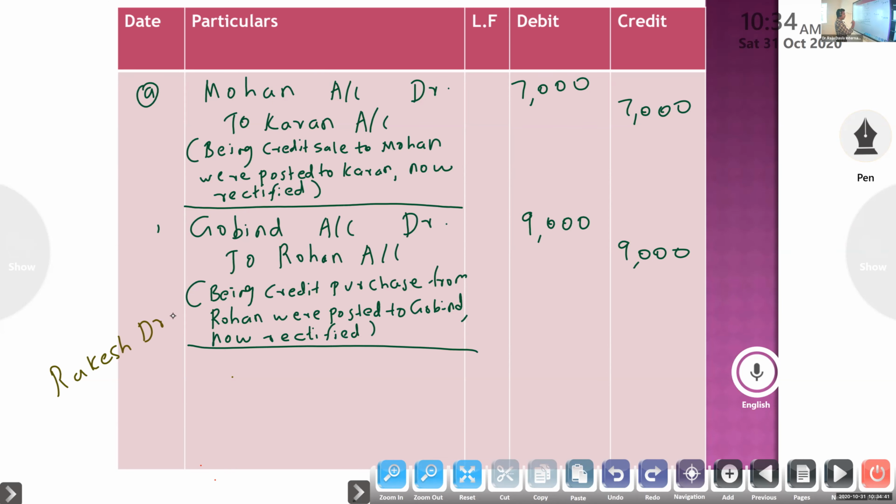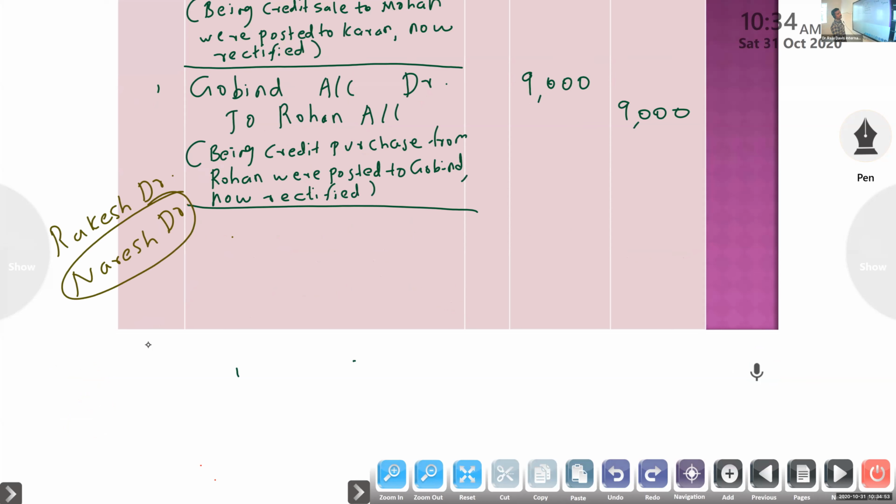Instead of that, they wrote Naresh. This is wrong. So to rectify this error, Ragesh account debited to Naresh account.